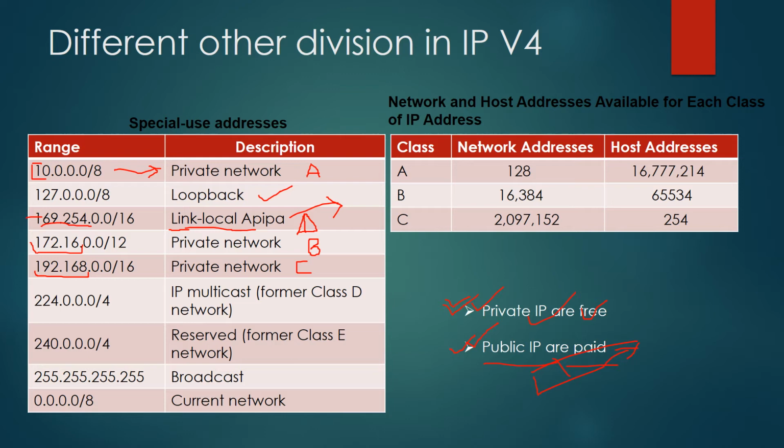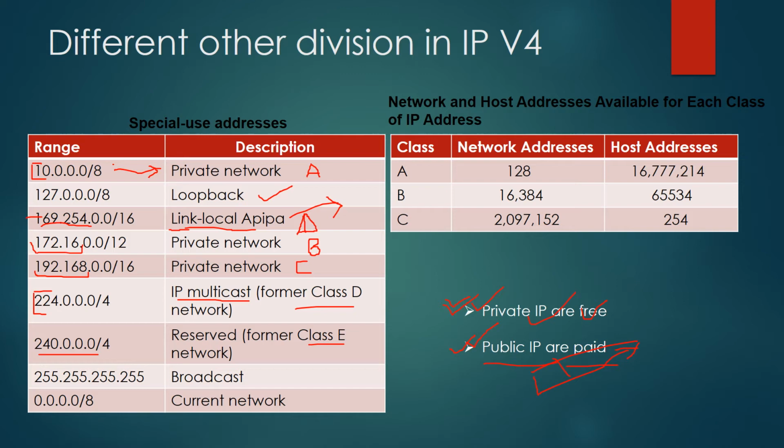As we know, we are using the three classes of IP address, A, B and C. This is the D class of IP address, 224.0.0.0. It is used for IP multicast. This is the D class of network address, and 240 series IP addresses are in the E class.